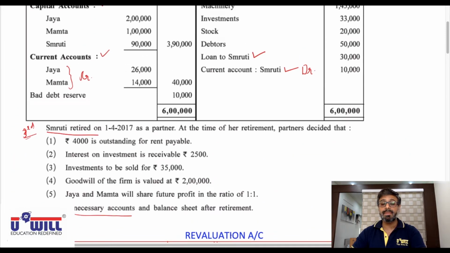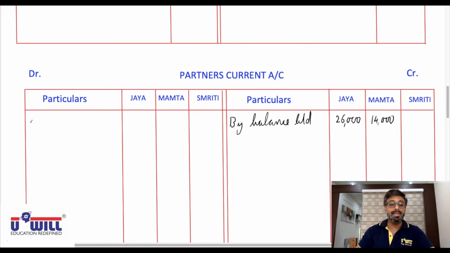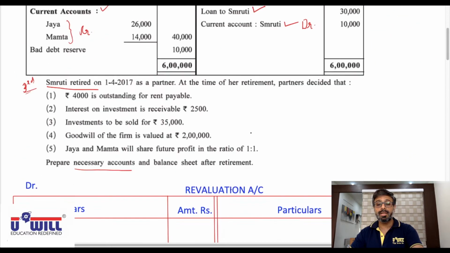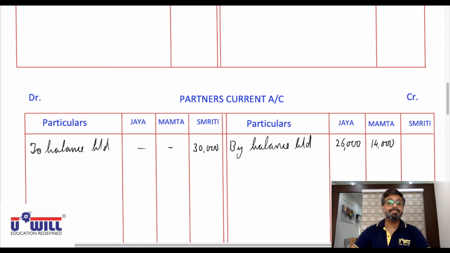Okay, Smriti has debit balance of 30,000. So in partner's current account on debit side, to balance brought down, in Smriti's column, the amount is 30,000. Okay, 30,000. It is Smriti as given in the question. Okay.